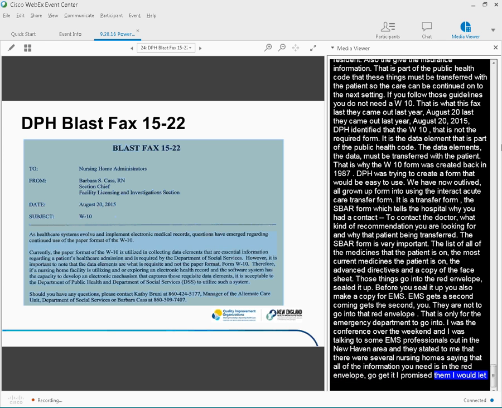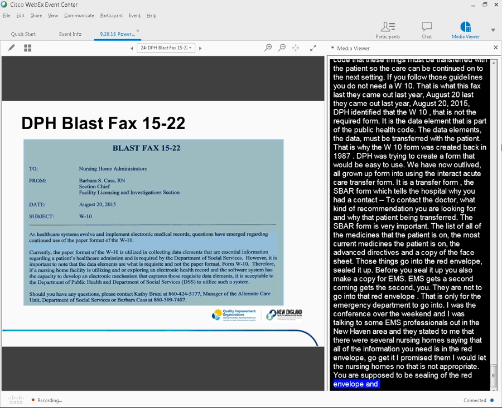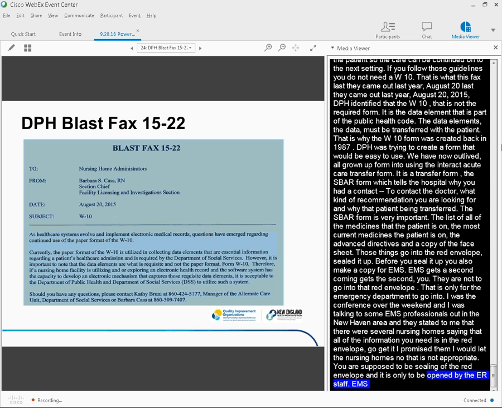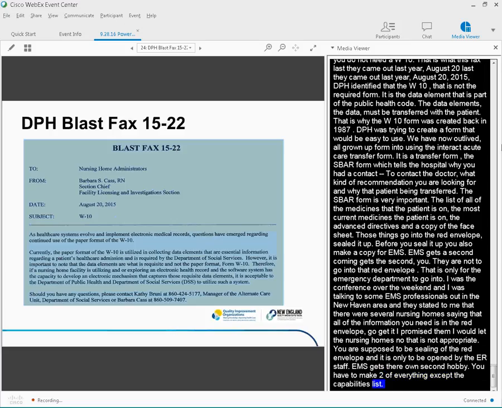You're supposed to be sealing up that red envelope, to be opened only by the ER staff, because EMS gets its own second copy. So you have to make two of everything except the capabilities list. EMS doesn't need it. But they need the medication list, the advance directives, the face sheet, and the transfer form. Those are the things you have to make second copies of.